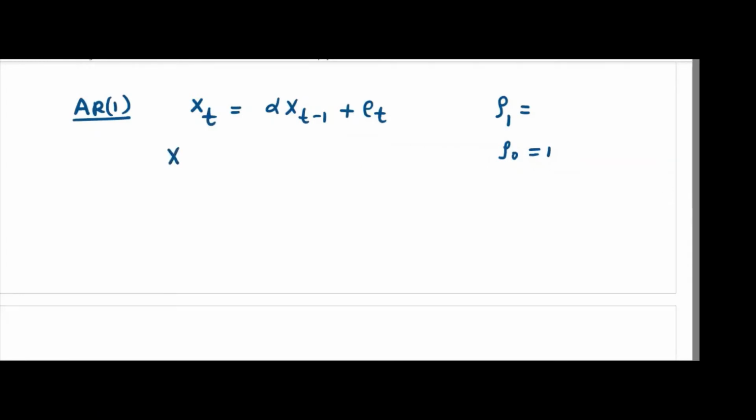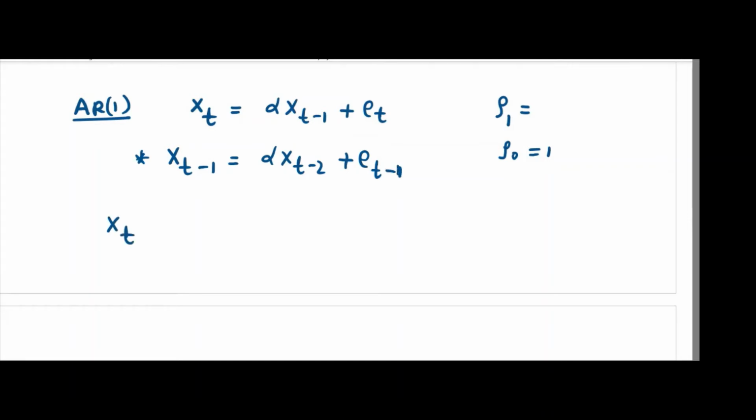How about this? If I write this way, xt minus 1 is equal to alpha xt minus 2 plus et minus 1. Then what will happen? You substitute this one here.